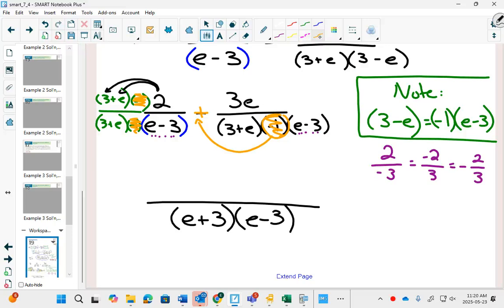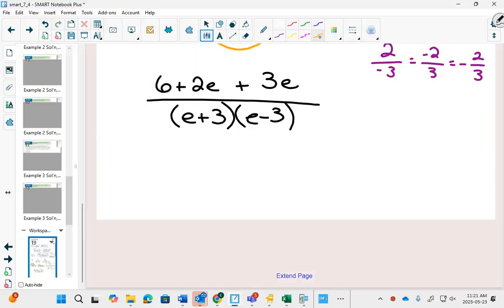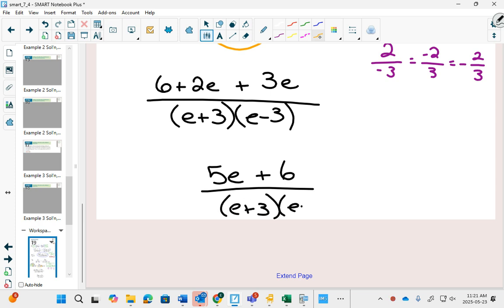Up here, if I distribute, I'm going to get 6 plus 2e. And over here, I'm going to have plus 3e. Do I have like terms on the top? Absolutely. 5e plus 6 over e plus 3, e minus 3.